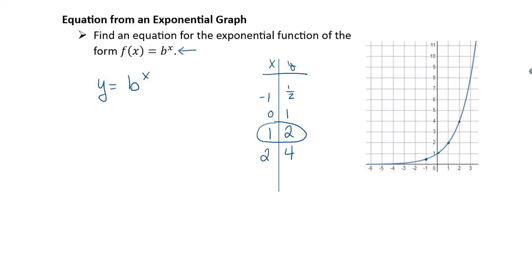This means that my y is 2 from that point equals b to the x, which is 1. Well, I know that b^1 is b, and b is 2. So, in an analytical way, we have found f(x) = 2^x.